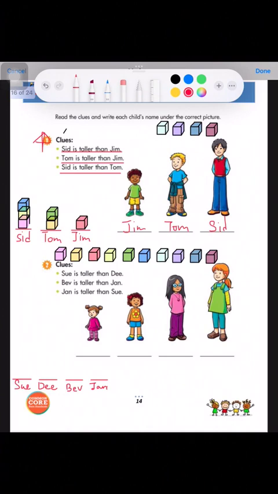Let's move on to the question down below. So the first clue is Sue is taller than Dee. But if you remember before this, we may add 1 block to everyone so that they start off the same.